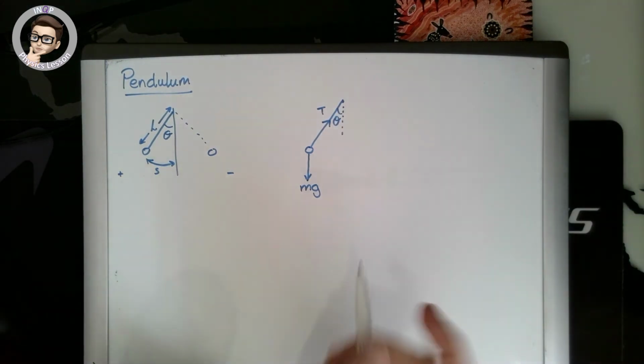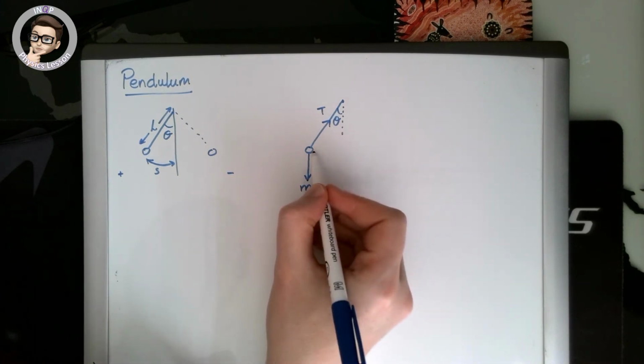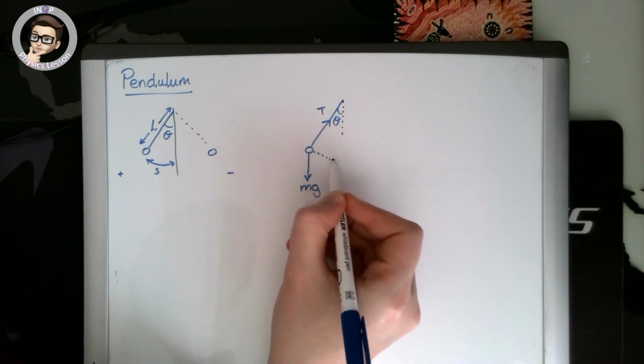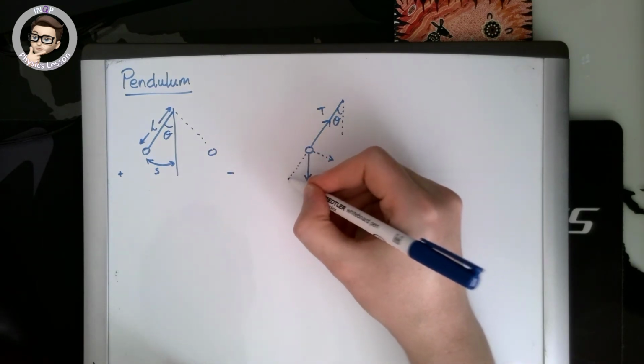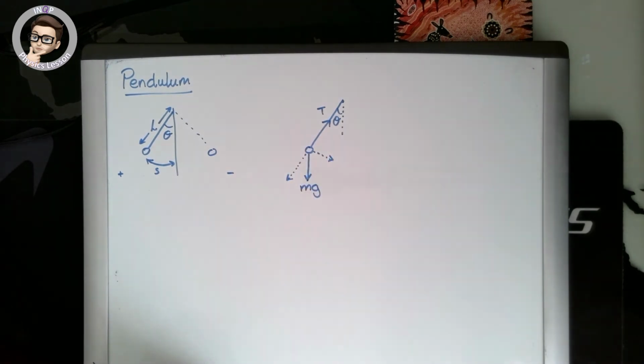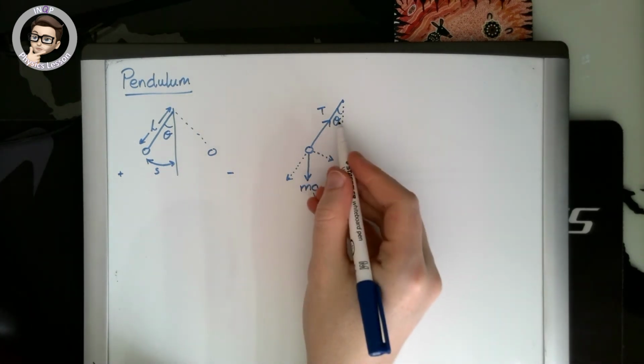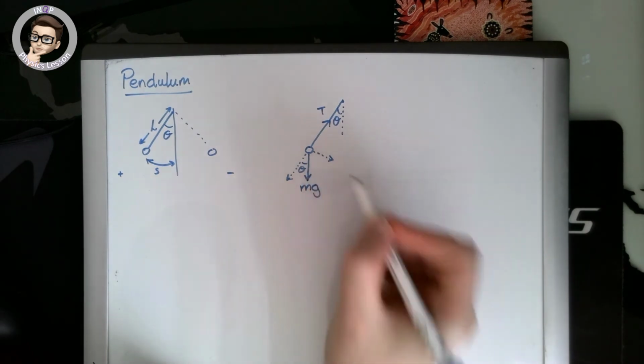That allows us to decompose the weight into parts perpendicular and parallel to the tension itself. Because if that angle is theta, then this angle must be theta.